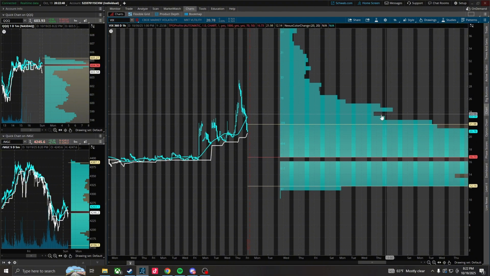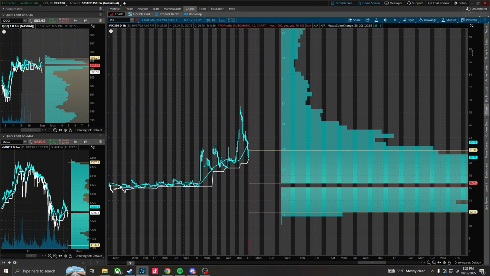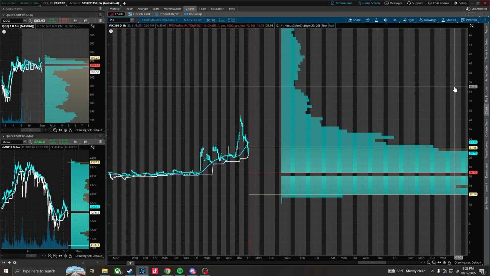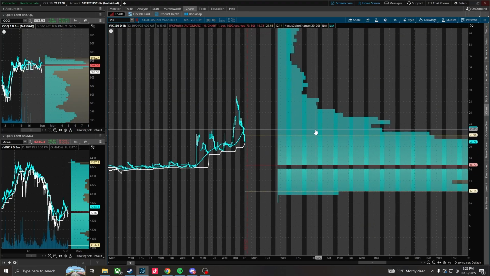So that's pretty much a general idea of the VIX, the TPO profile, and how you guys should be looking at it. It doesn't really matter how you trade. You can trade my model, order flow, ICT, support and resistance, supply and demand. Using the VIX is going to be a very good tool for you, especially when you are coming up with your bias, right?